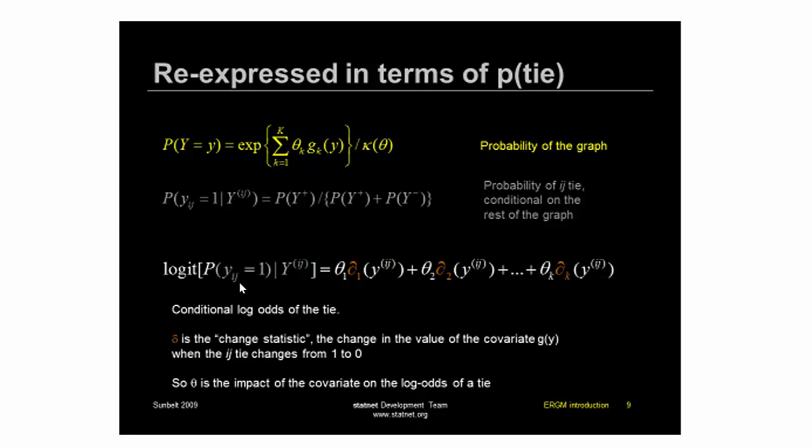How much change would that be in the number of reciprocated dyads? How much change would that be in the number of what are called K stars and all these other little microconfigurations that you can choose from? So it's a change model.